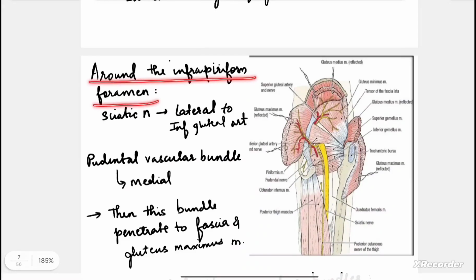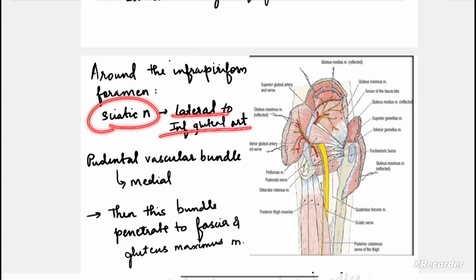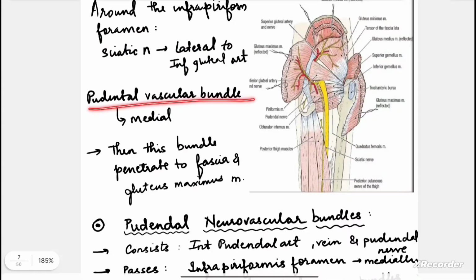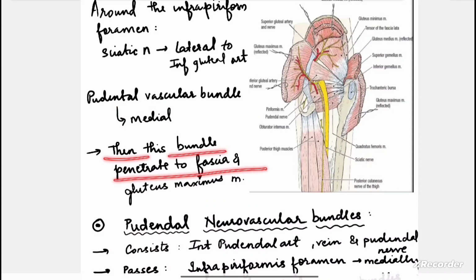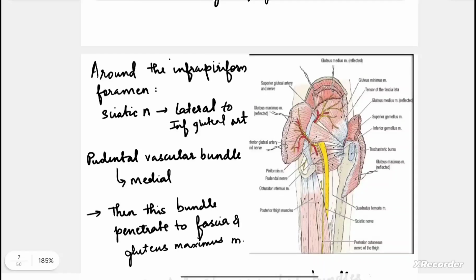Around the infrapiriformis foramen, the sciatic nerve is there, lateral to the inferior gluteal artery. Pudendal vascular bundles are medial to this. Then this bundle penetrates the fascia and gluteus maximus muscle. Now see, this is the sciatic nerve.